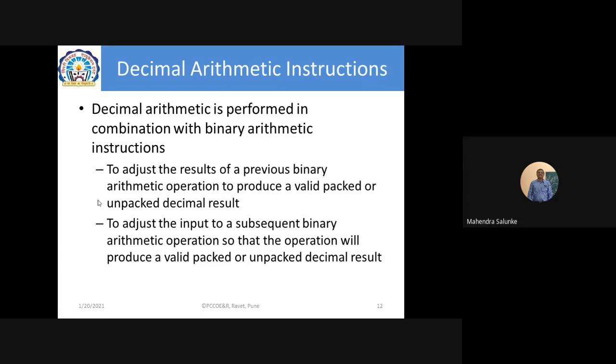If you want to represent 25 in unpacked BCD decimal format, the result will be 00000010 for the upper digit, and the lower digit, that is 5, will be 00000101. That is the unpacked decimal format of 25. And the same number in packed BCD format will be written as 0010 0101.